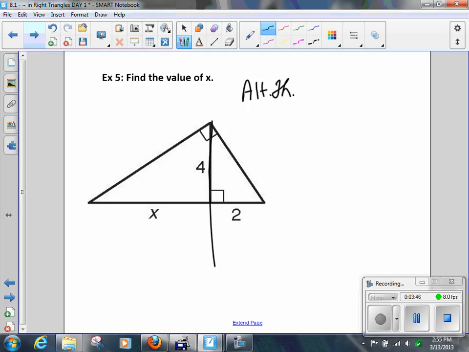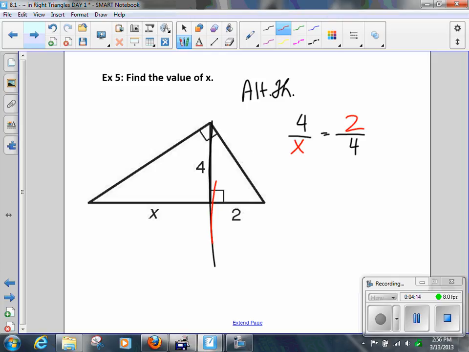That altitude splits the hypotenuse, chops it in two. The altitude goes on the diagonals. What is the altitude? 4. What's been chopped? X and 2. Fill in the blank spots.